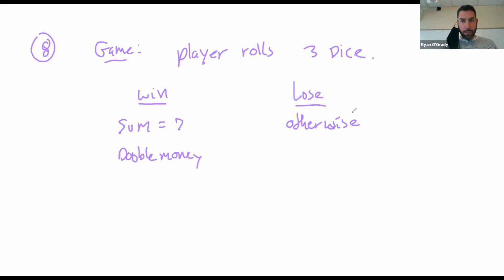Does anybody have a question about this? So it was pretty easy. I don't want to say easy, but there was a simple pattern when we just did 2 dice. It was pretty straightforward to write out all the outcomes. But it's not maybe so obvious if we have 3 dice.